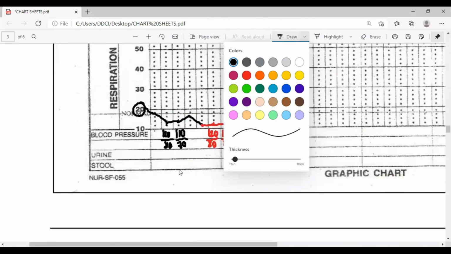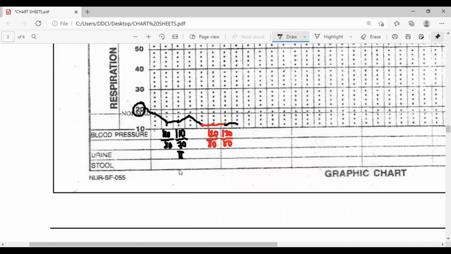For example, around two times, you can use either a Roman numeral or a regular numeral, depending on the institution. So if stool is zero, you put zero.